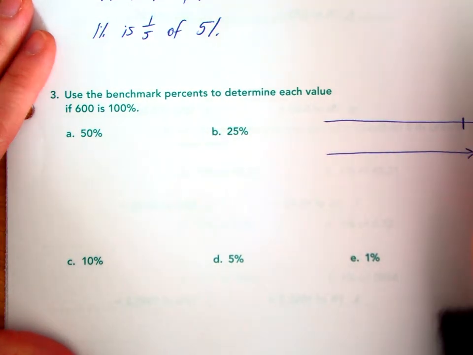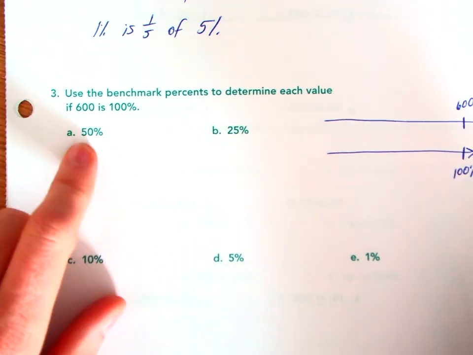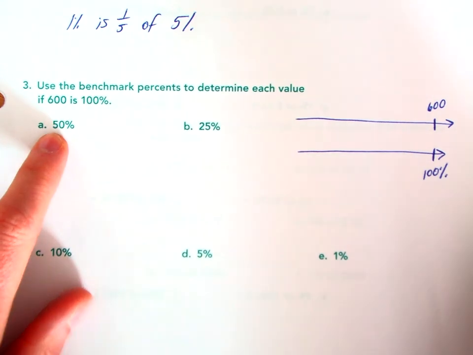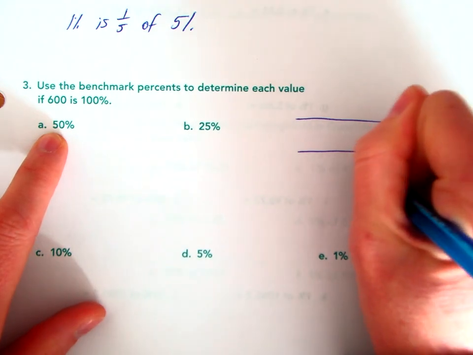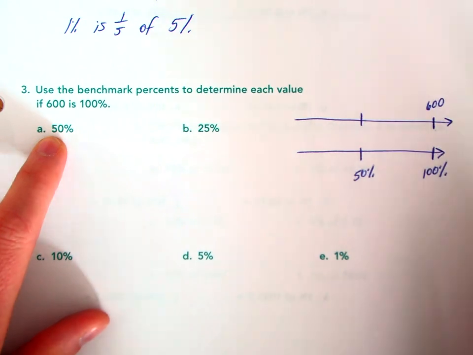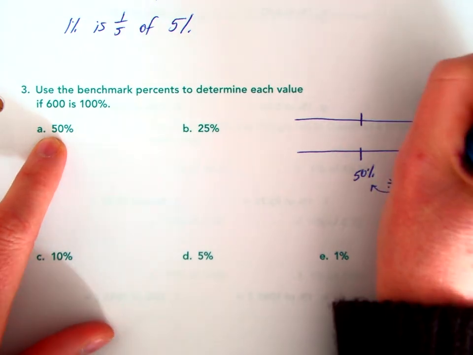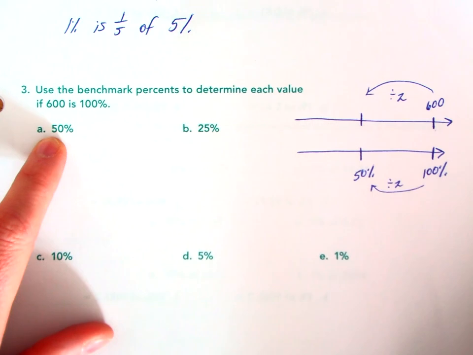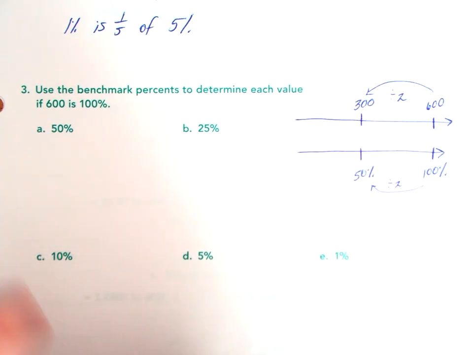So if I am here at 600 and I am saying 600 is 100%, they want to know what 50% is. If I cut 100% in half, I also want to cut this in half. So this is a divide by 2, therefore divide by 2. What's your answer? Good, 300.